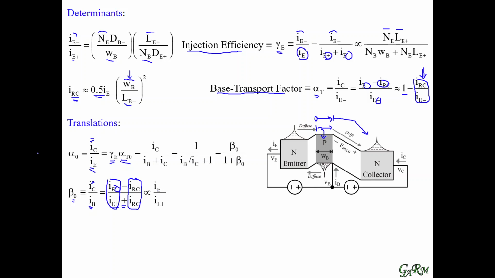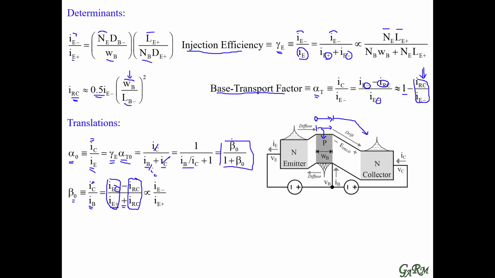Now we can write this forward transport factor in terms of gain, because we know that the emitter current is nothing but the base current plus the collector current. So we can divide all terms by the collector current. We get this, and that's what we get here. And this is the reciprocal of the current gain. So we multiply all terms by the current gain and we get this expression.